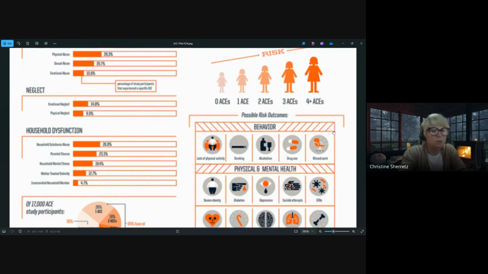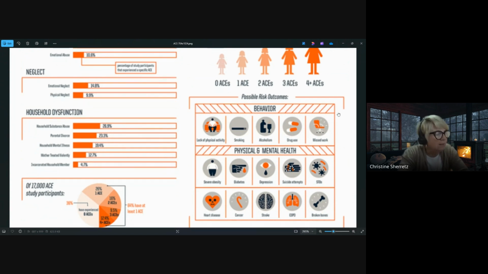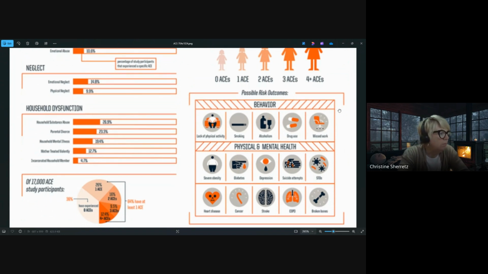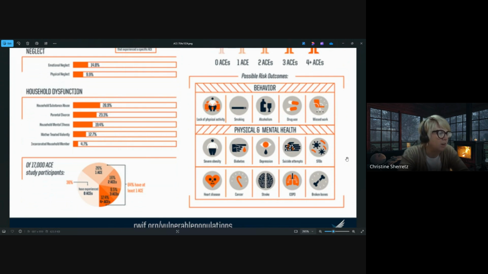And then we go into what are some of the behaviors, or what are some of the outcomes. Someone that has 4 or more ACEs can experience things like smoking, alcoholism, drug use, missing work, physical health problems, stroke, STDs. It just goes on and on.